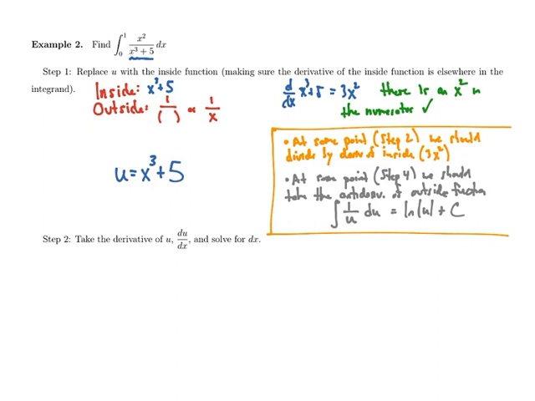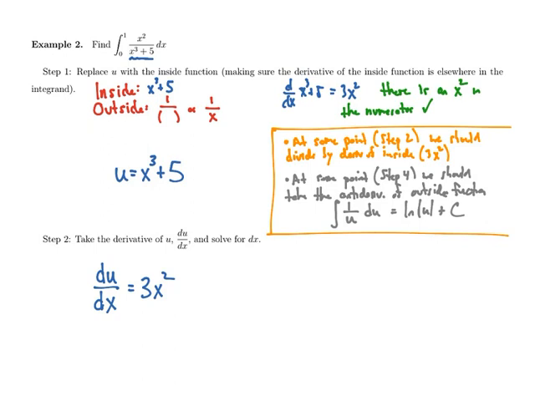All right, back to the problem at hand. That's all just helping us out here. We know that right now u is equal to the inside function. Let's see if this actually works. We need to take the derivative of u with respect to x. That's du dx. We already did that, and that's going to give us our 3x squared.